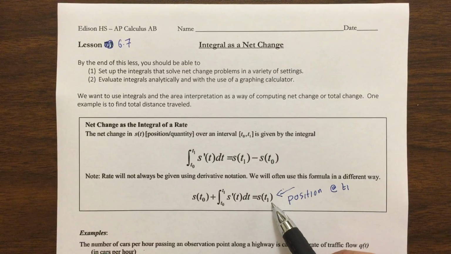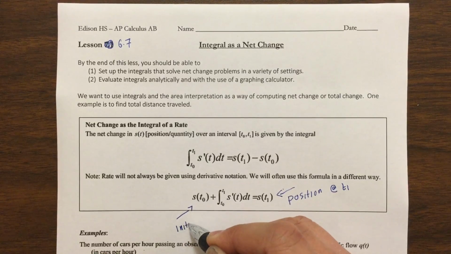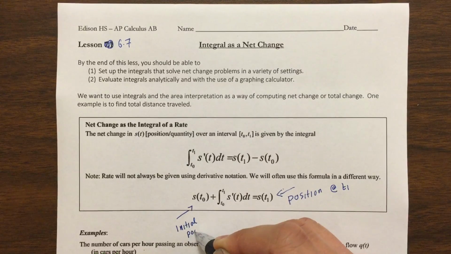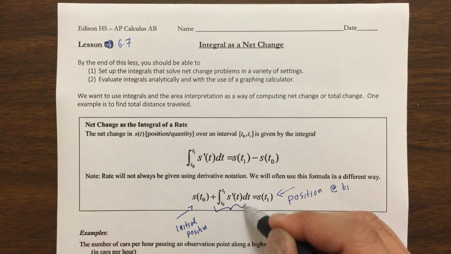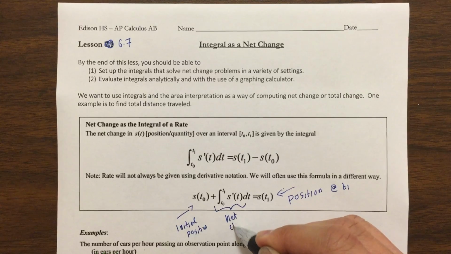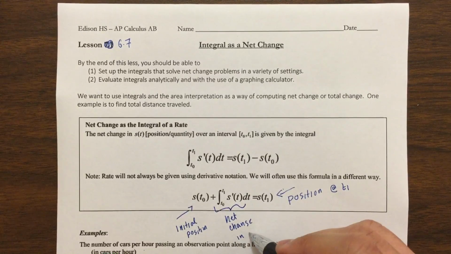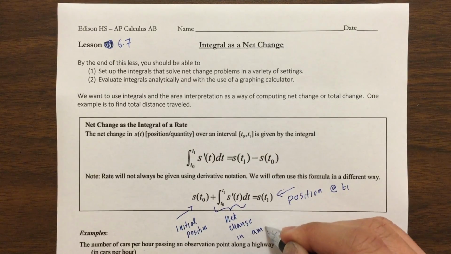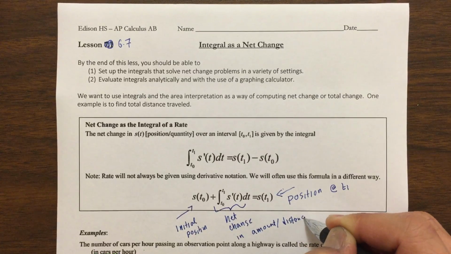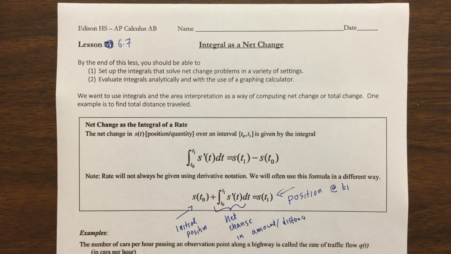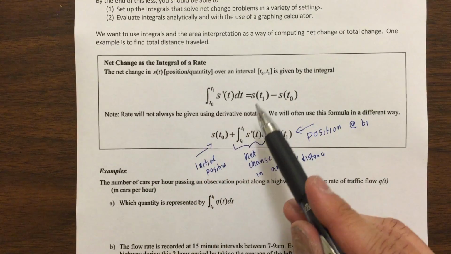The position at time 1 is equal to the initial position, because time 0 is the initial position, and then this is the net change in amount, or could be the distance. Okay, the net change in the distance is represented by that. So, net change as an integral of a rate.